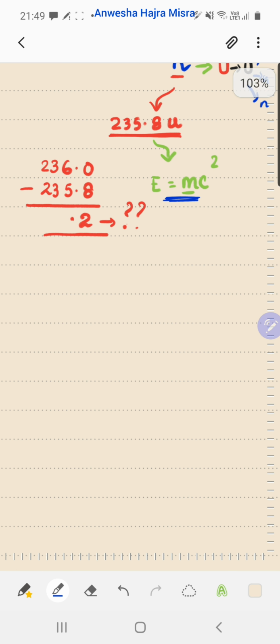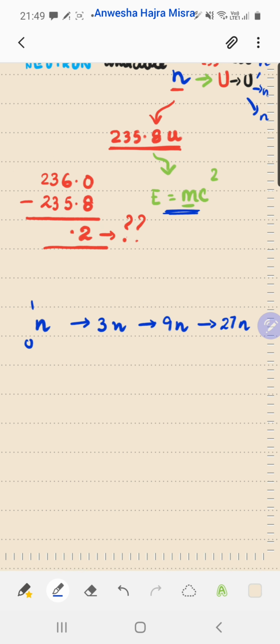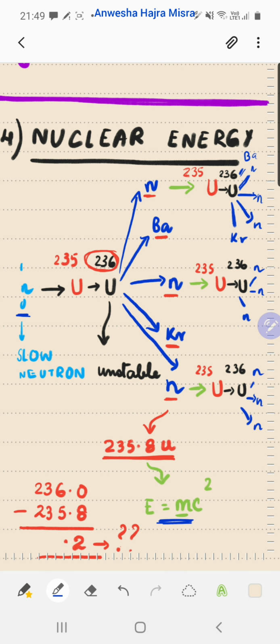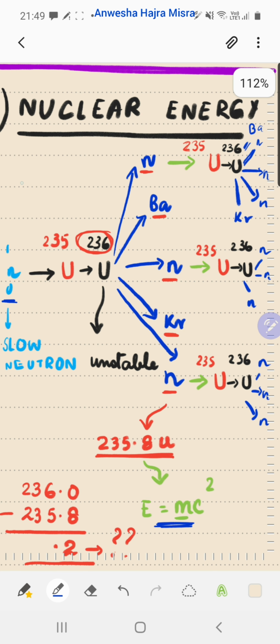So the reactions will start in a rapid way, and this is called uncontrolled fission.